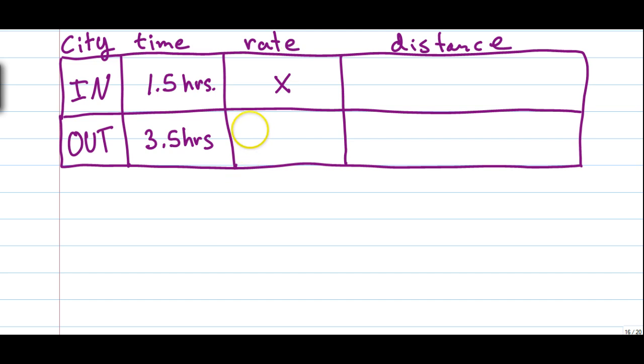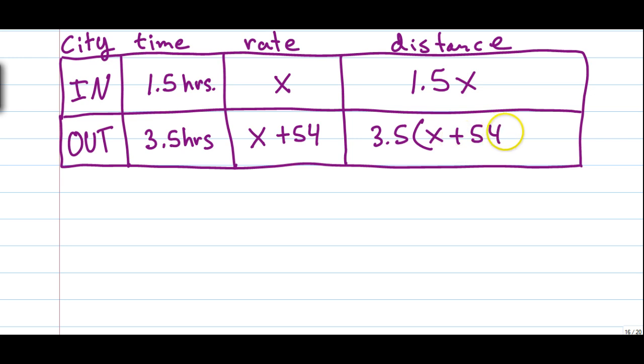But what we do know is that x, the speed that he was traveling, plus 54 miles per hour is what he was traveling at once he left the city. Now the reason for creating these tables is once we've set it up, we have the time times the rate. This gives us our last column, our distance. So we can carry these over, 1.5 times x, 3.5 times x plus 54.